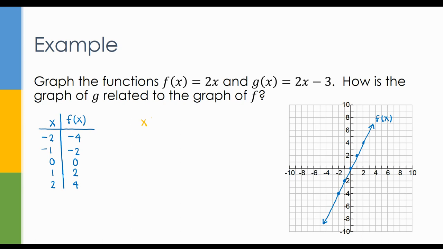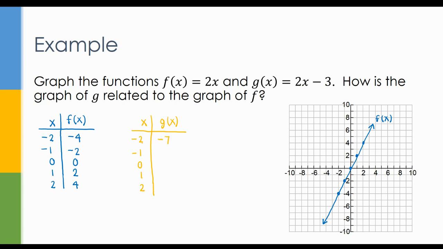So now I'm going to make another table of values, and this is going to help me get my g of x function. Okay, so once again, I'm going to use the same numbers. I'm going to substitute those in, get my ordered pairs. So -2 times 2, when I substitute that in, is going to be -4, but then I have to subtract 3.